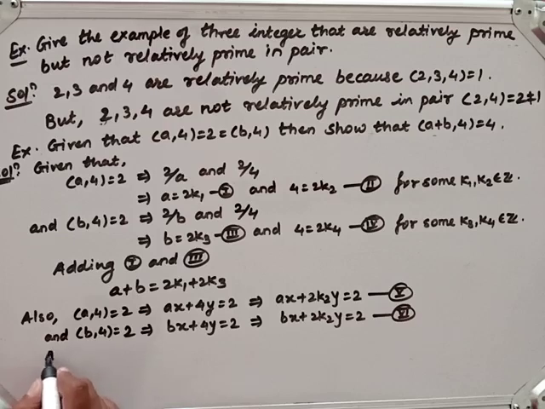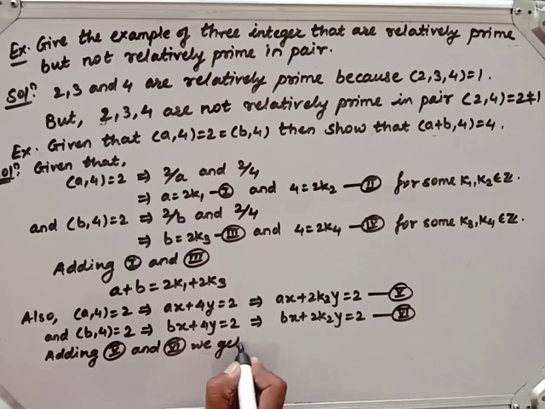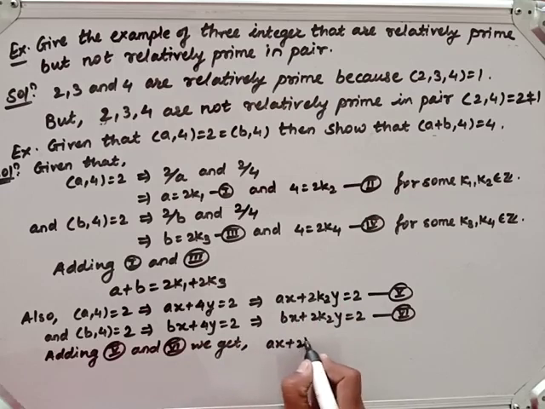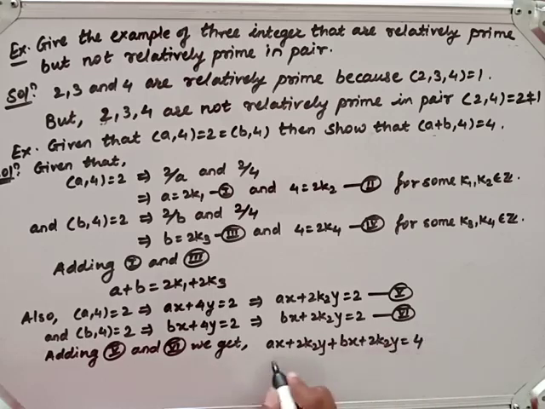Now adding 5 and 6, we get ax plus 2k2y plus bx plus 2k2y is equal to 4.